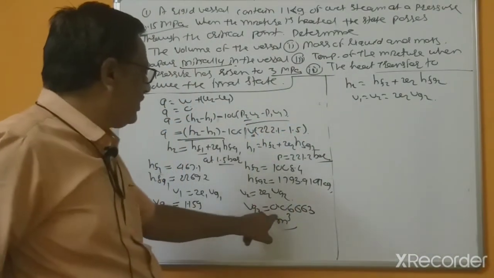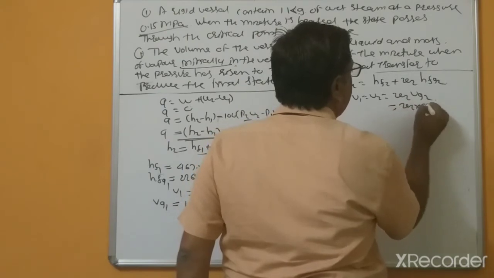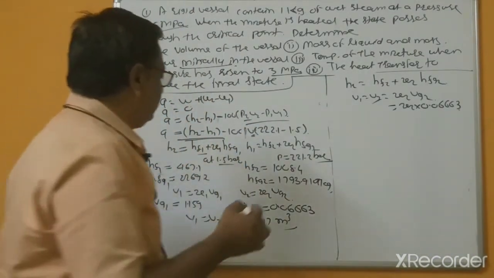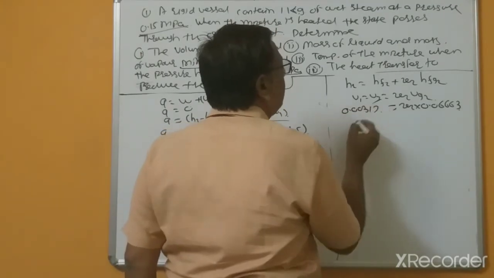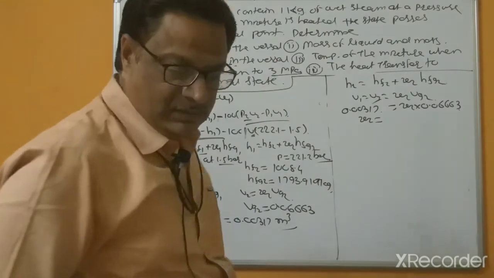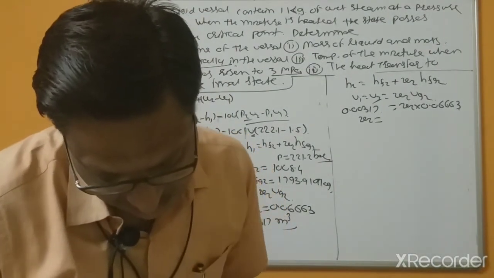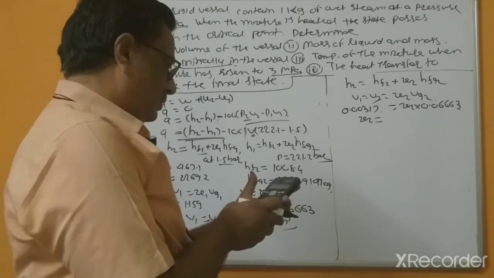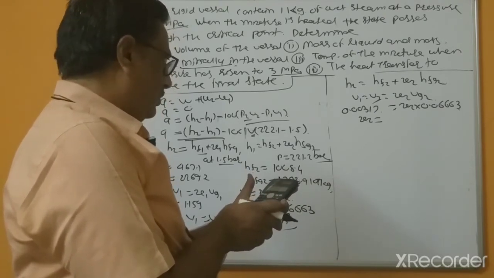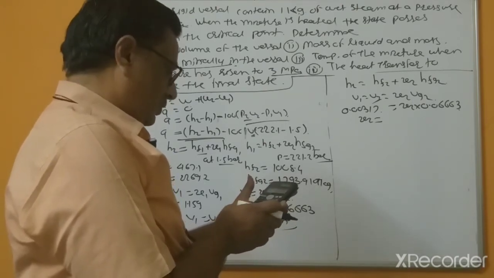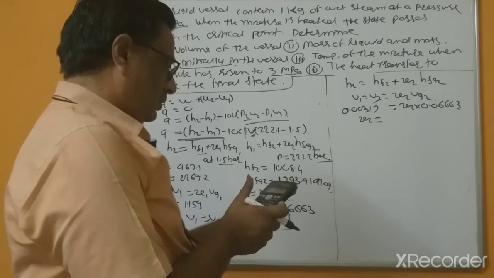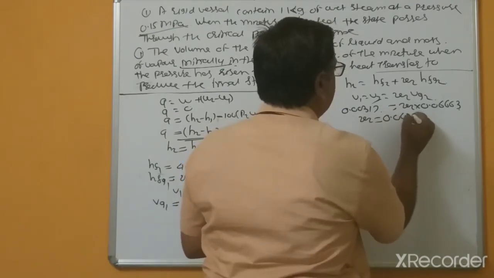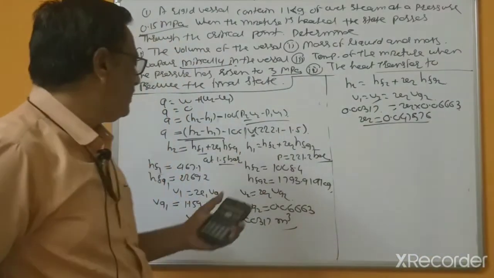So Vg2, this we extracted here by formula 0.06663, and this V1 equal to V2 equal to 0.00317. x2 equal to what? 0.00317 divided by 0.06663. This is equal to 0.047576.